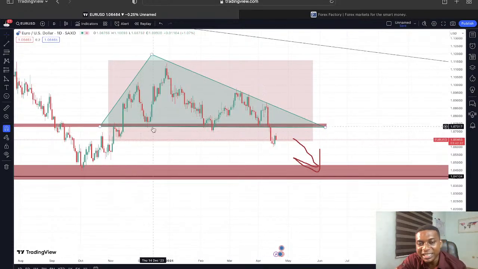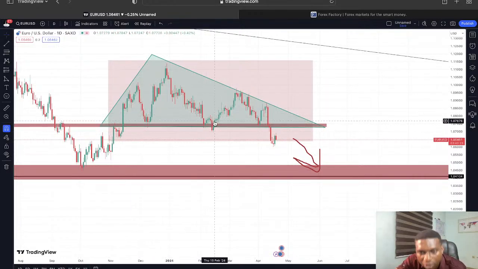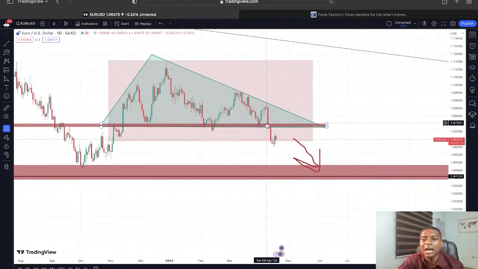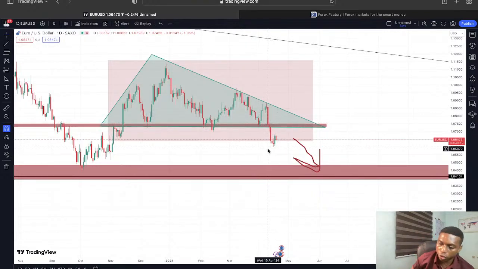So what you see here is like price constantly slamming a hammer against this support zone wall. It slammed the first hammer, slammed the second hammer, slammed the third hammer here, and the fourth hammer is going to slam, broke out of the support zone.